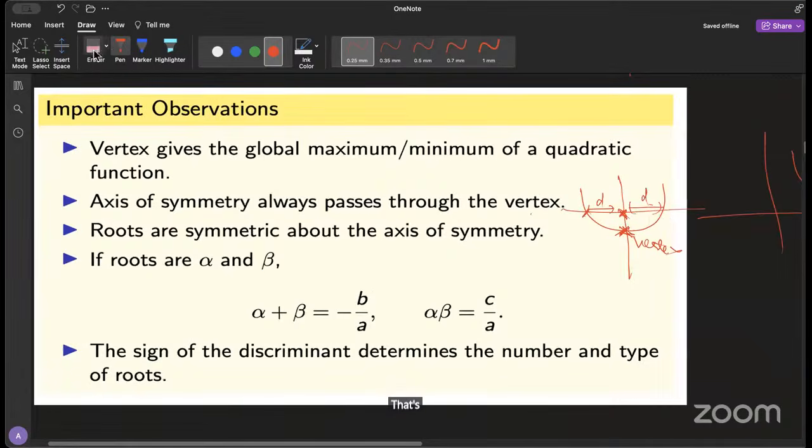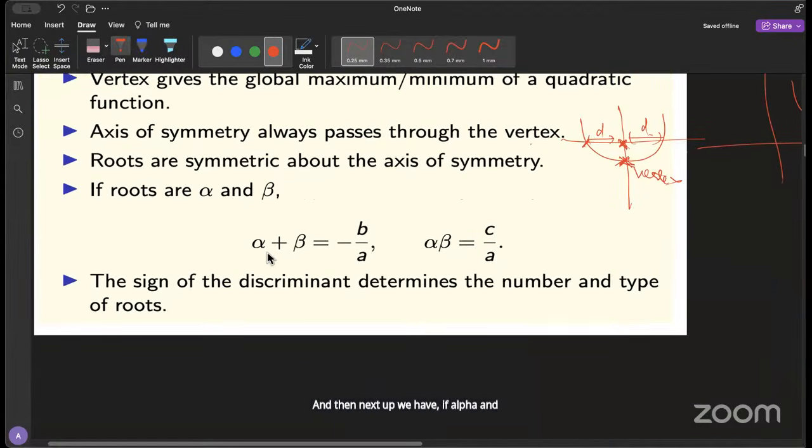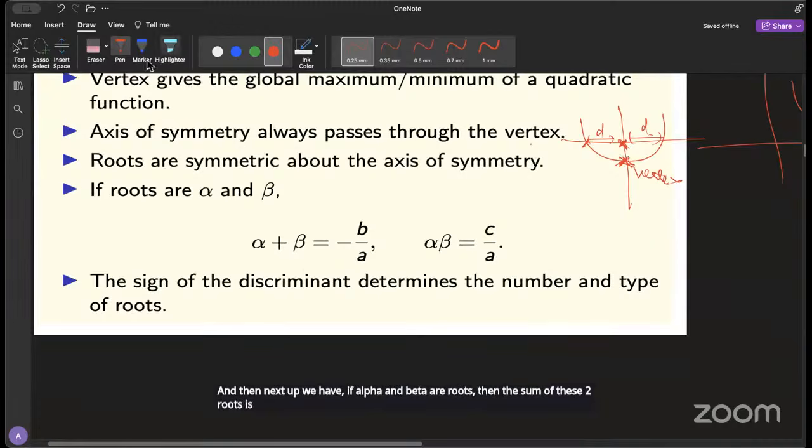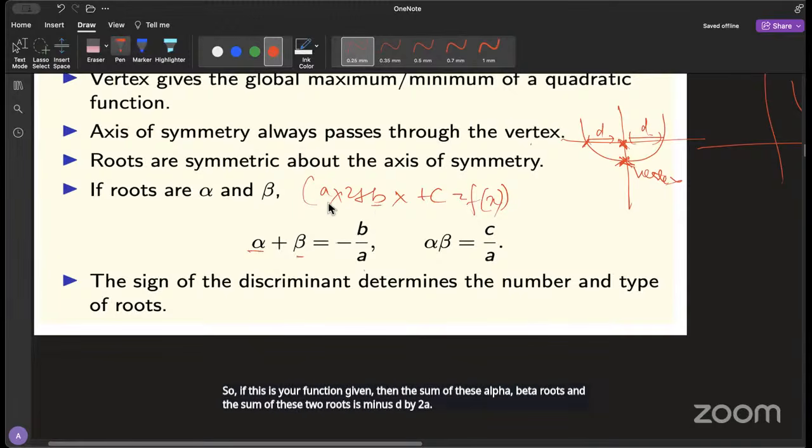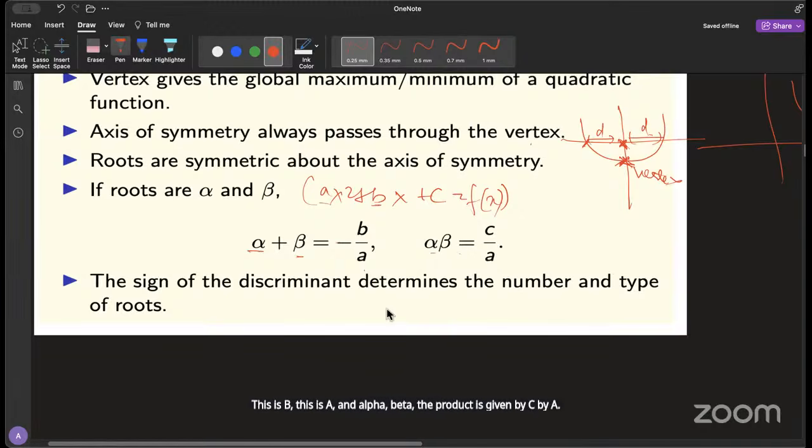And then next up we have, if alpha and beta are roots, then the sum of these two roots is... The equation is always ax squared plus bx plus c equals 0, or f(x). So if this is your function given, then the sum of these two roots alpha and beta is minus b by a, where this is b and this is a, and the product of alpha and beta is given by c by a.